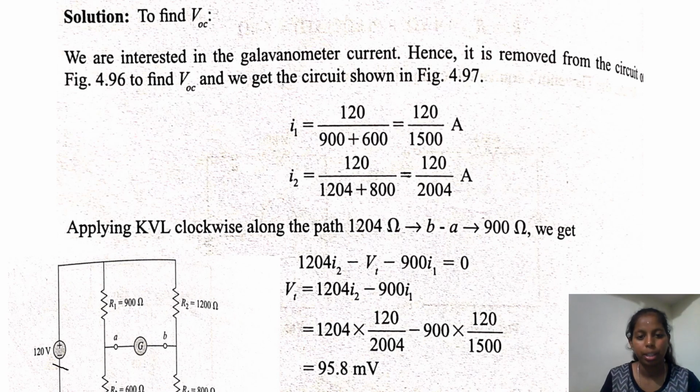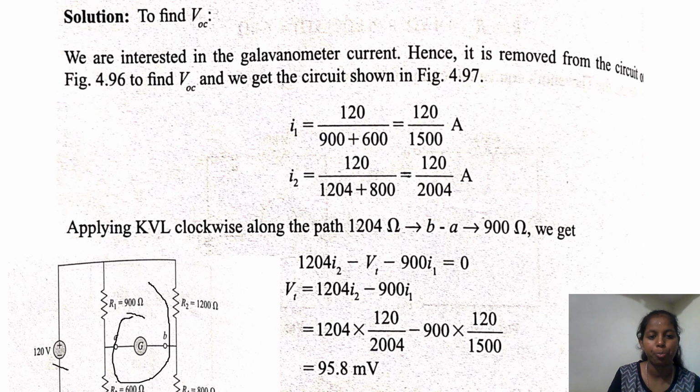Now let's apply KVL clockwise along the path from the 1204 ohm to the 900 ohm. Now we have to apply KVL from here to here. After applying KVL, we get the equation 1204 I2 minus VT minus 900 I1 is equal to 0.